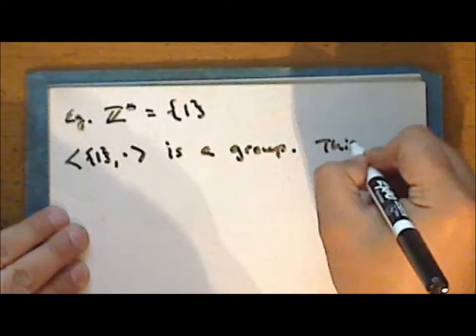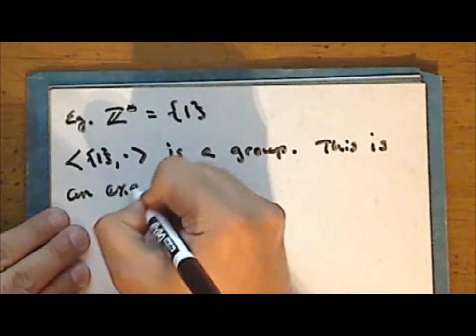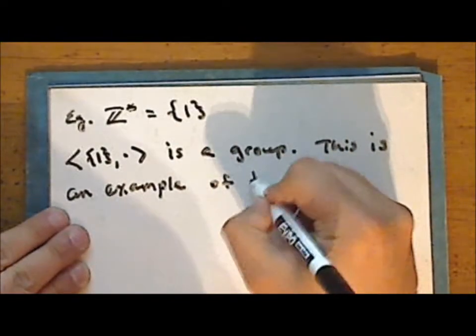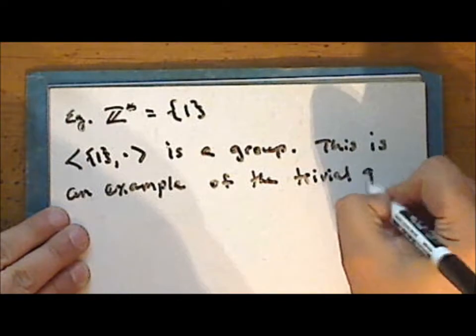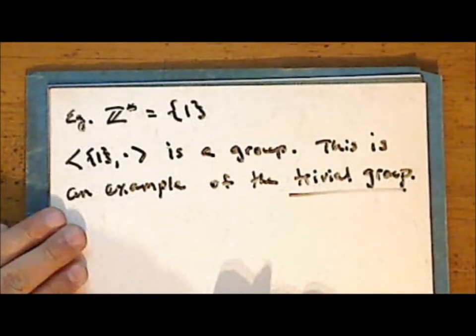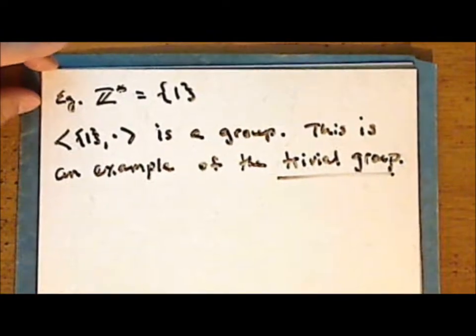And this is an example of the trivial group. And we'll look at the trivial group more generally when we discuss subgroups.